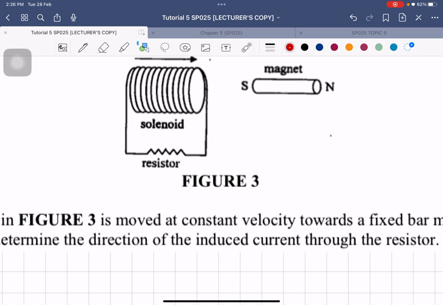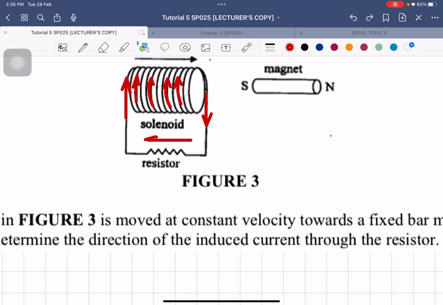So if we look at the first wire here, it will be something like this. It moves like this. From here it will go down and through the resistor like this.